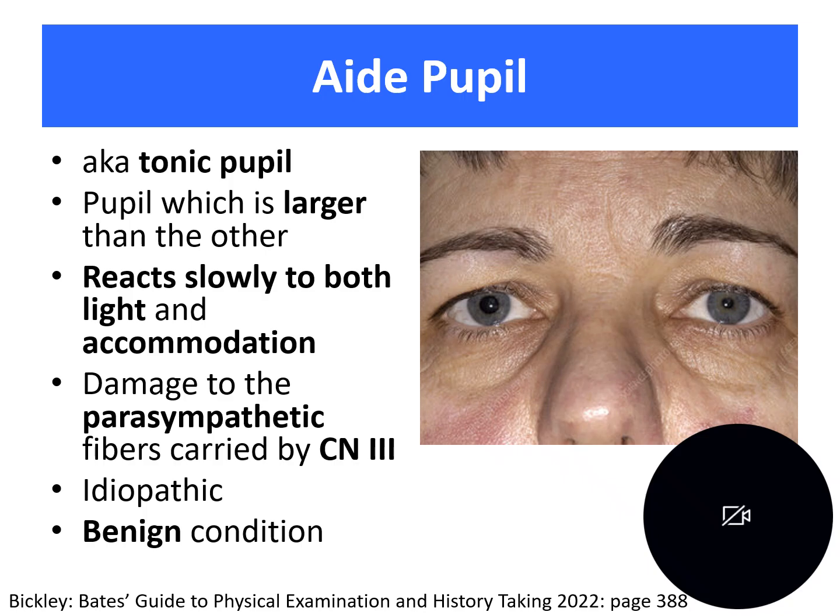In Adie's pupil, the problem is in the parasympathetic fibers that are carried in cranial nerve 3 on its way through the ciliary body to then be distributed to the muscles in the iris, the pupillary muscle.